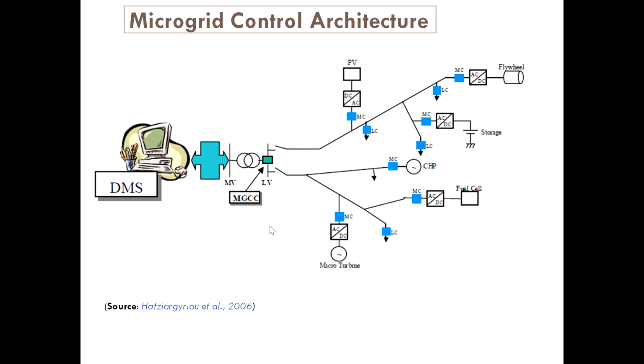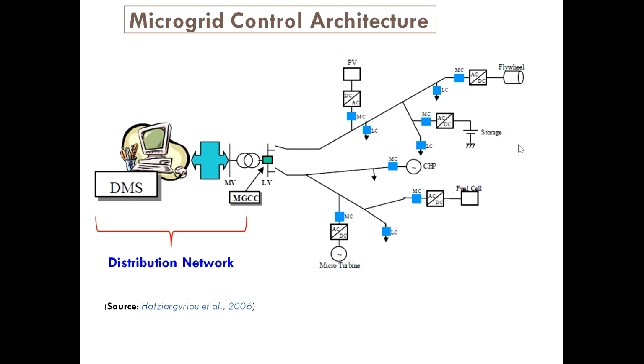So a microgrid is normally connected to the main grid. Okay, so what we see in this picture here is the main grid, which would represent the whole distribution network.